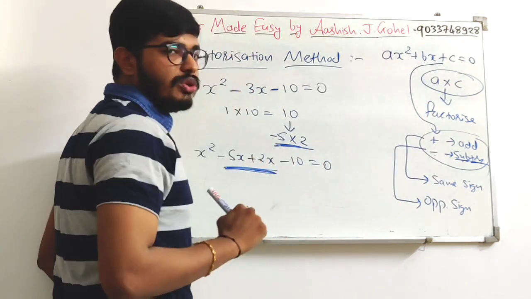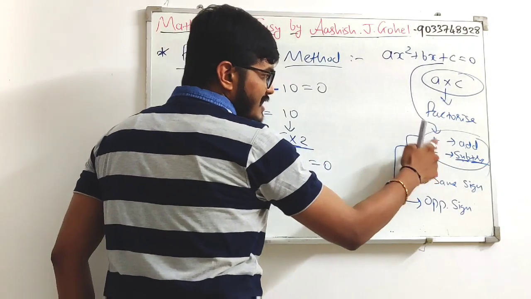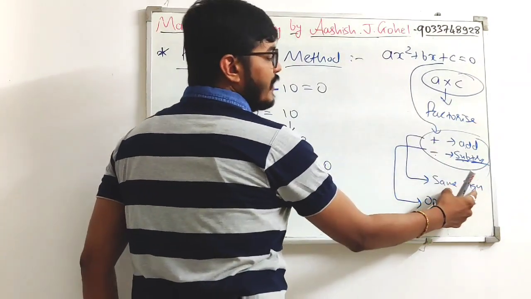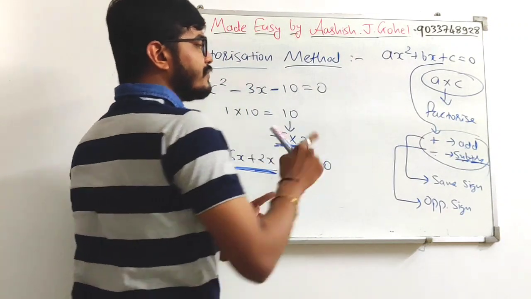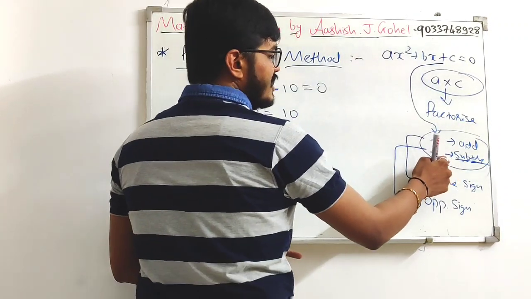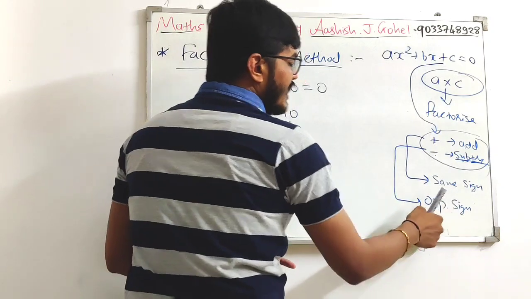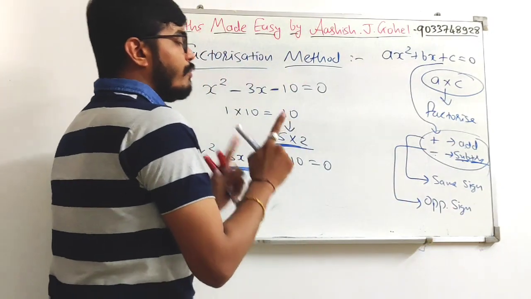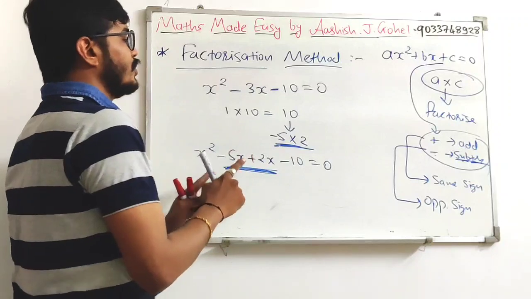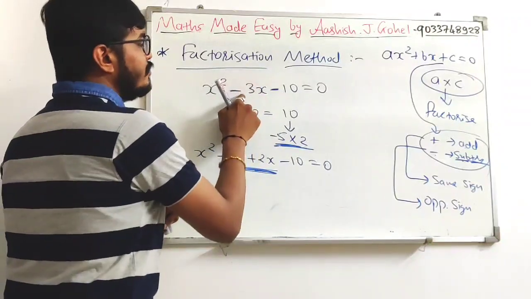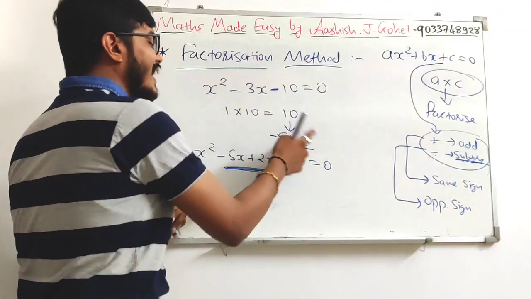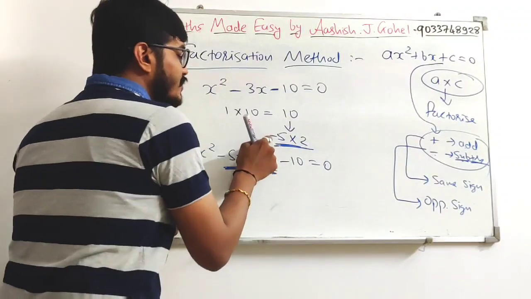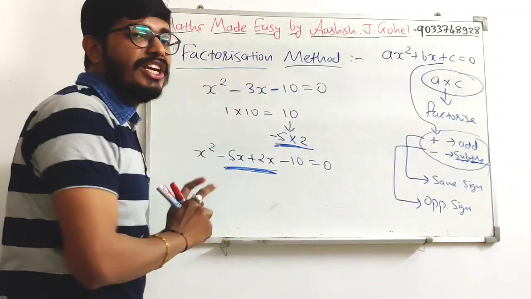Now one more thing to remember: if positive is there, then both the factors will have the same sign, either positive or negative. And if subtraction is there, then opposite signs will be there, and we put the sign of the middle term on the larger number in the factors. Whichever factor is larger gets the sign of the middle term.